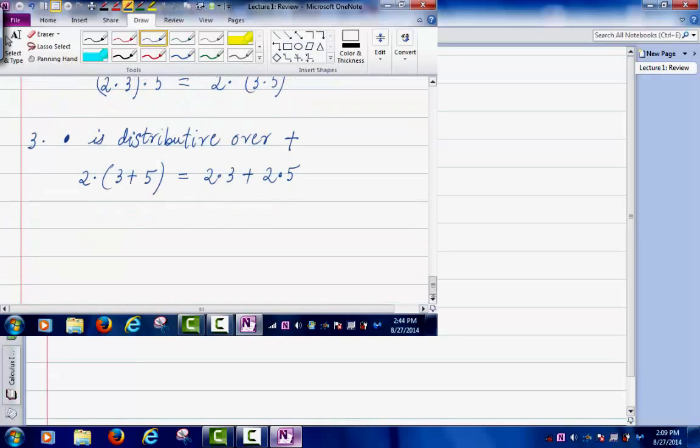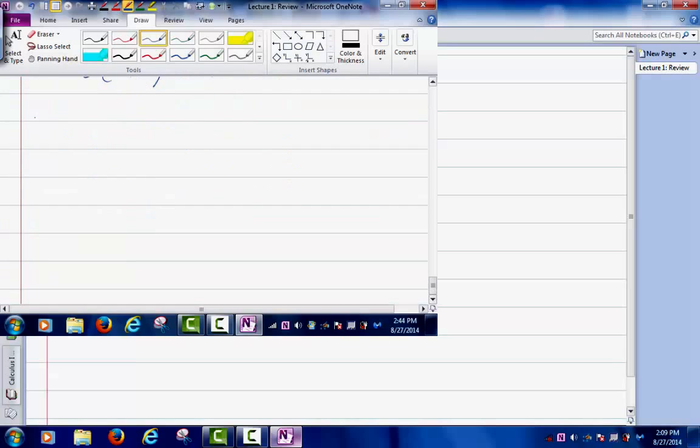Some more examples that you have seen in algebra are like this. You have used them always, I guess. If you're multiplying 2x plus 1 with 3x minus 5, what do you get? Well, you use the distributive law to multiply them.